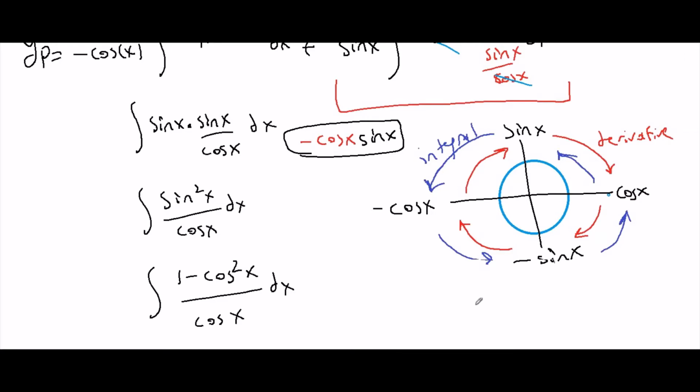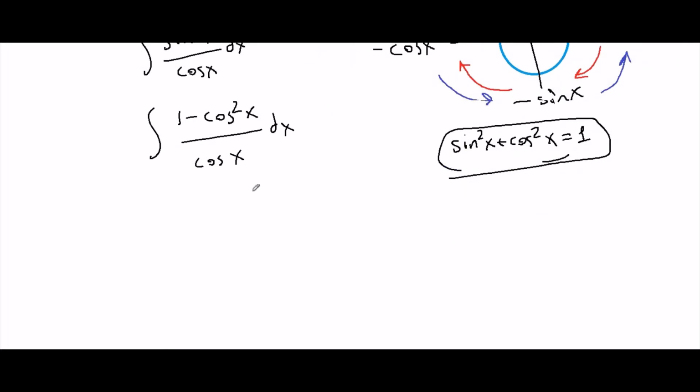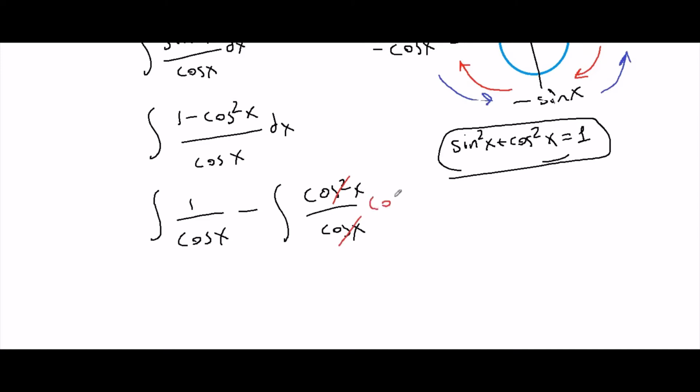Let me remind, sine squared of x plus cosine squared of x equals 1, and from here if you solve for sine squared of x, it's going to be 1 minus cosine squared of x. Now we have cosine x, the common denominator for this numerator, so we can separate the integrals. 1 over cosine x minus integral of cosine squared of x over cosine x. Cosine squared of x over cosine x is just cosine x, and 1 over cosine x is secant x.